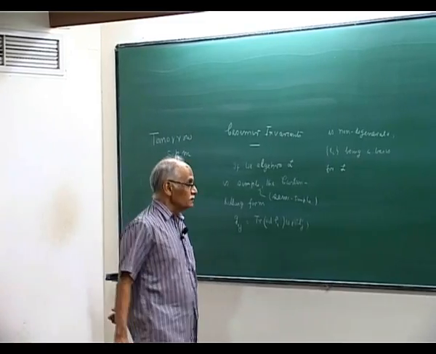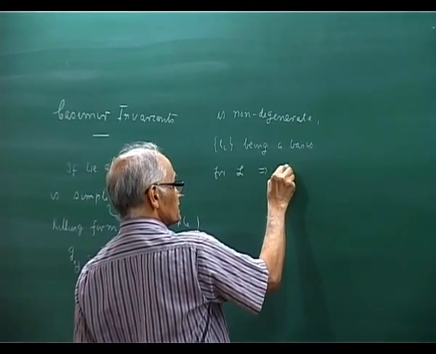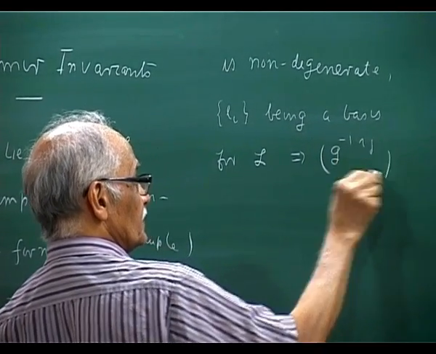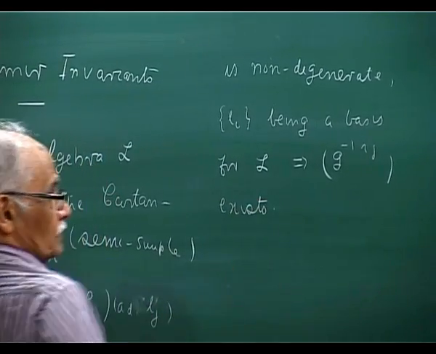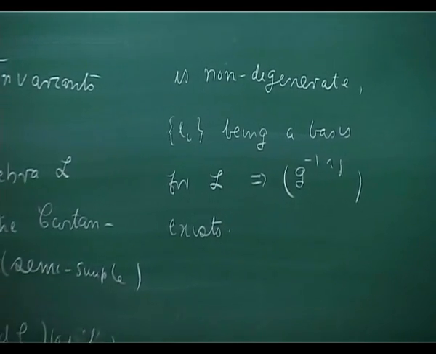So from here this implies g inverse, this matrix, exists. The inverse matrix exists, right.